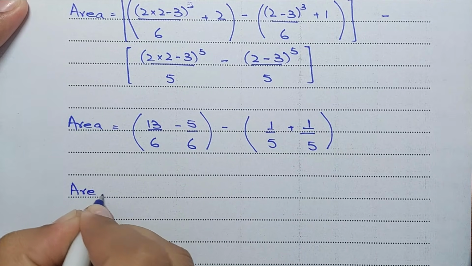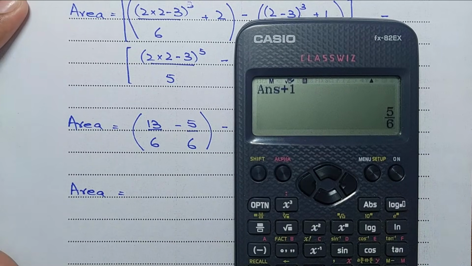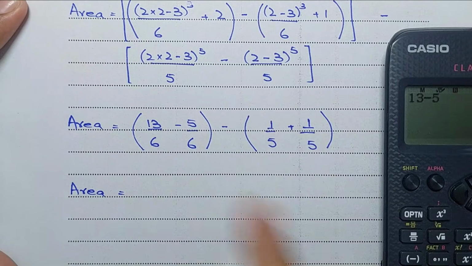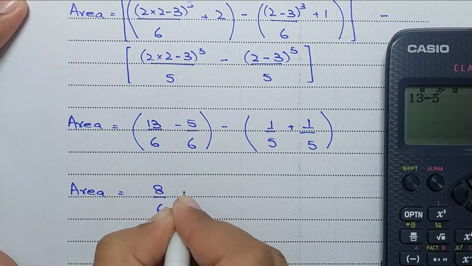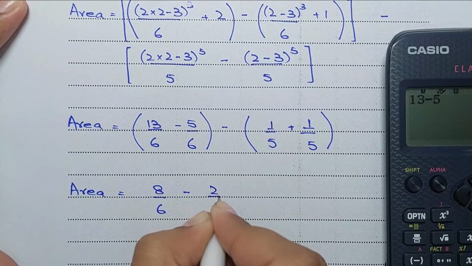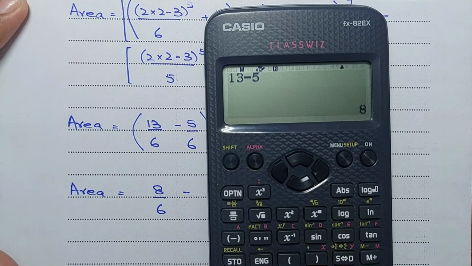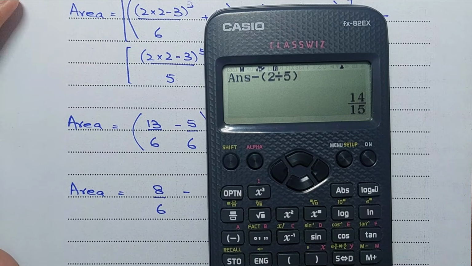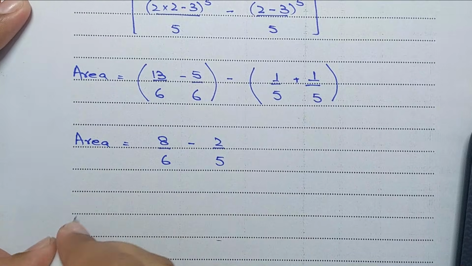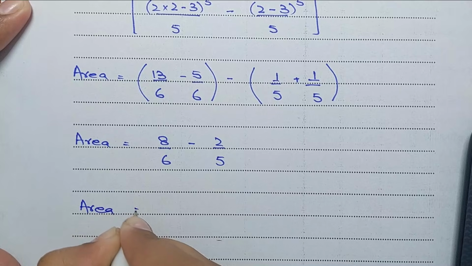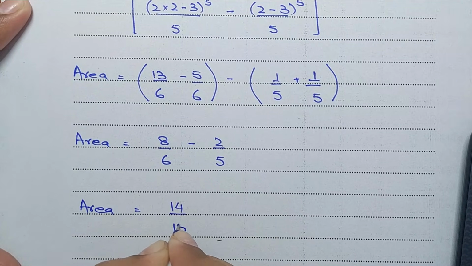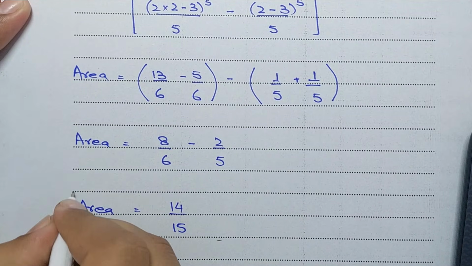So the area becomes 13 take away 5, which is 8, so 8 out of 6. Subtract 1 plus 1, which is 2 out of 5. 8 divided by 6 minus 2 divided by 5 is 14 over 15. That is the exact area of the shaded region.